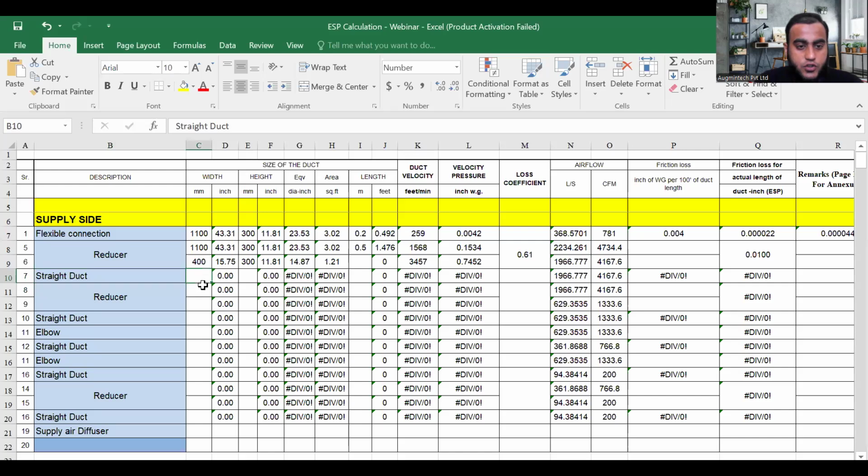See, here also when you do the manual calculation, tell me the width 400, height 300, and the length of duct is 3.7 meter. Correct? As per that we have got 12.14. Now velocity, pressure, everything. Now you have to enter the flow value 781.